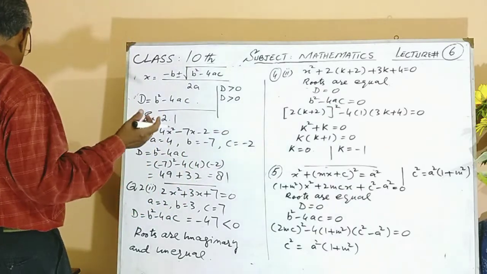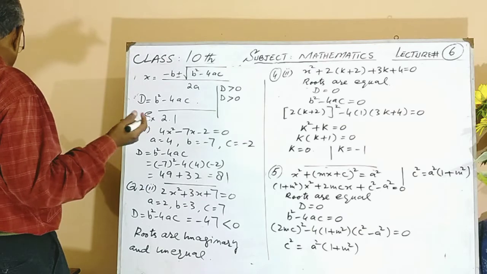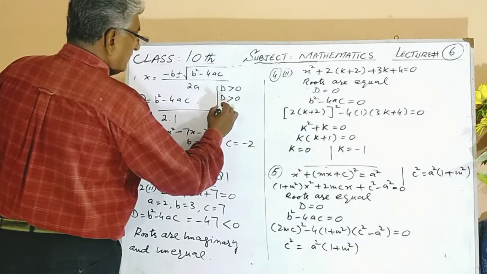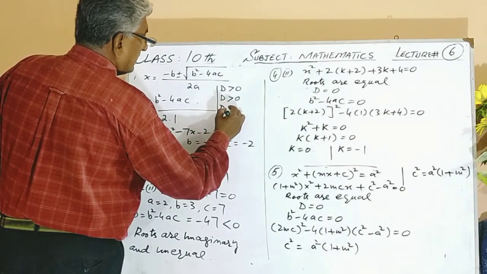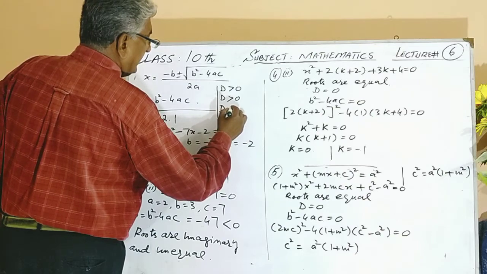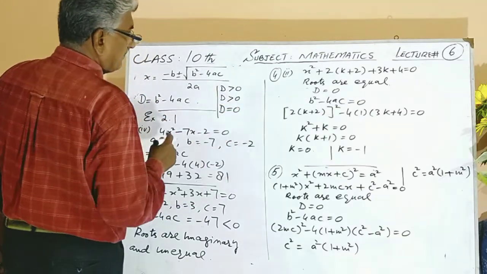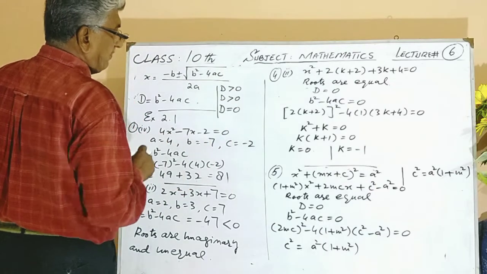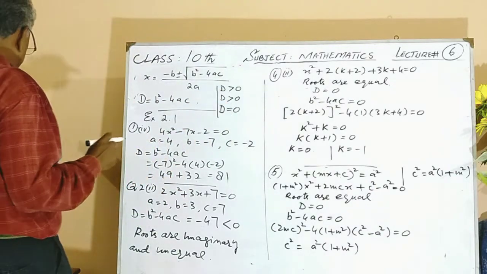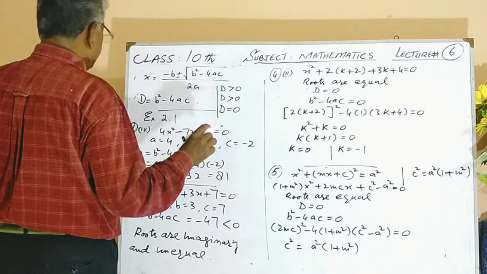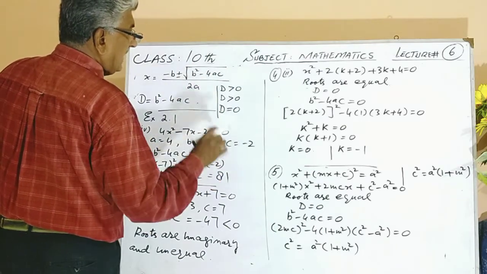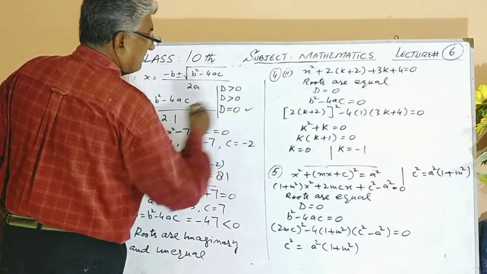According to the third property, if you find the value of d and d is equal to 0, that's a very important property. If d is equal to 0, in that case you will say that roots are rational and equal.